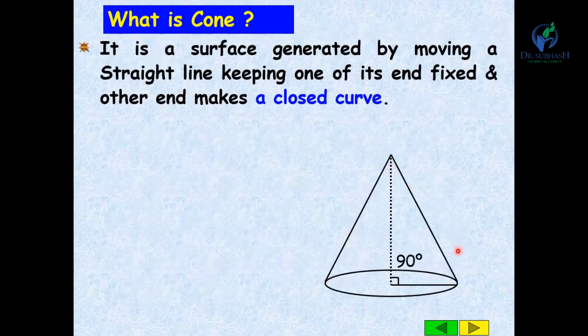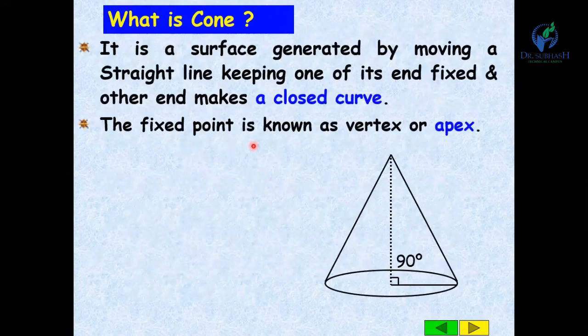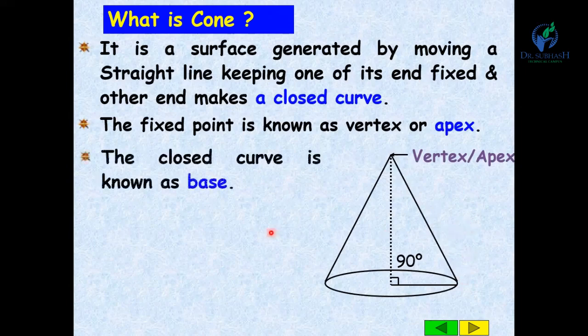Now, if we rotate this line by keeping this point fixed, it will generate a closed curve. The fixed point is known as the vertex or apex, and the closed curve is known as the base of this cone.